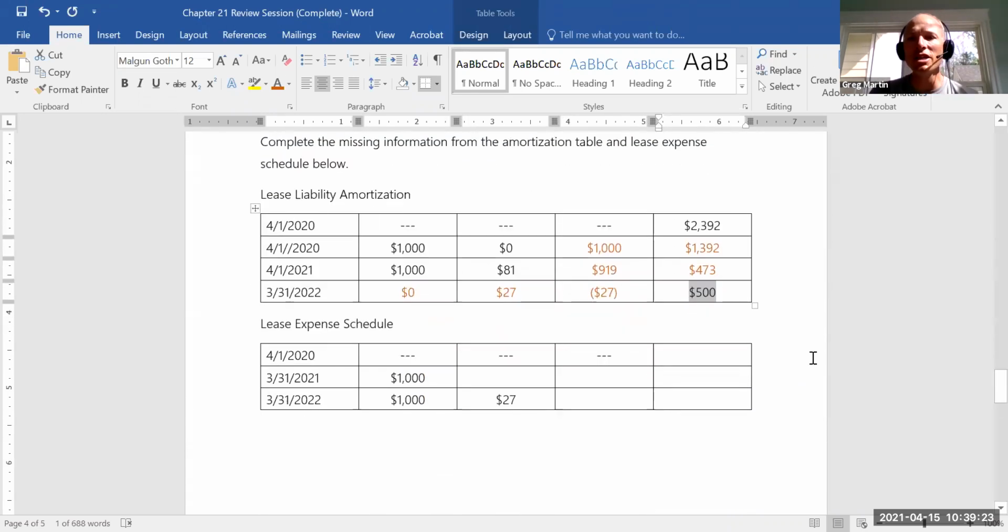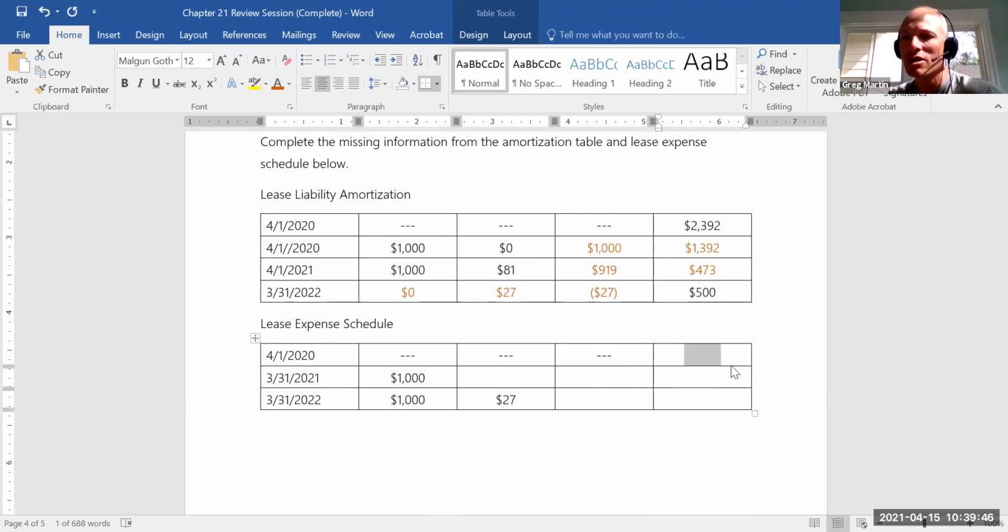Okay, so for the lease expense schedule, just let me clarify what happens. First of all, on the lease expense schedule, we begin and end at the same amounts as the lease liability amortization. So the beginning and ending must be the same. What does that tell us about the beginning amount right here?